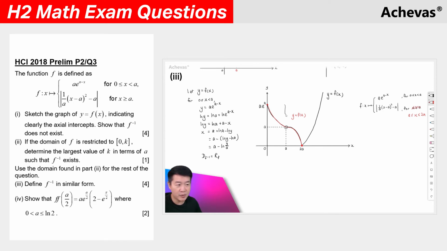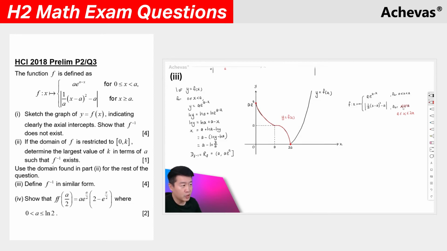So all the corresponding y coordinates will represent the range of f for this set of domain, which means that the domain is going to be strictly bigger than a, the y coordinate, all the way until this a e to the power of a. Solid dot, it can be equal to 0. So here is going to be a square bracket.